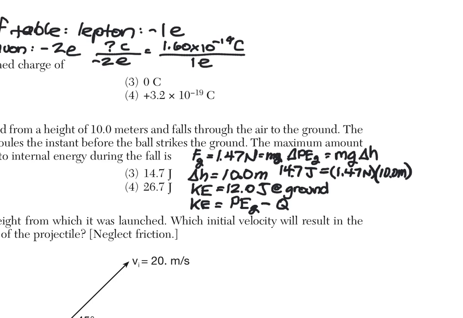The kinetic energy is 12 joules when it has reached the ground, and it had 14.7 joules of potential energy when it was 10 meters up. And then the heat, the internal energy, is the difference between them, which would be 2.7 joules.